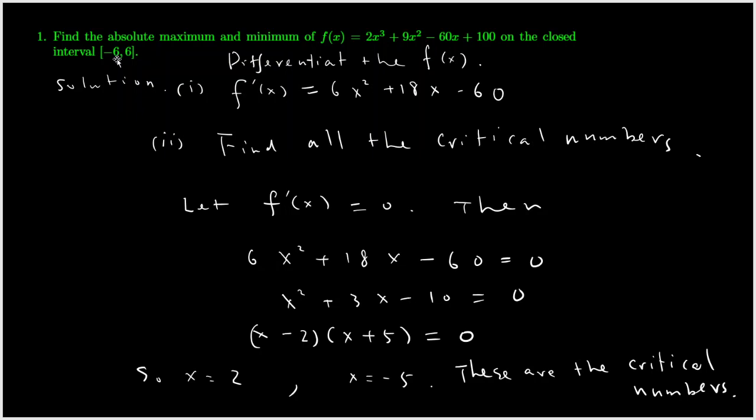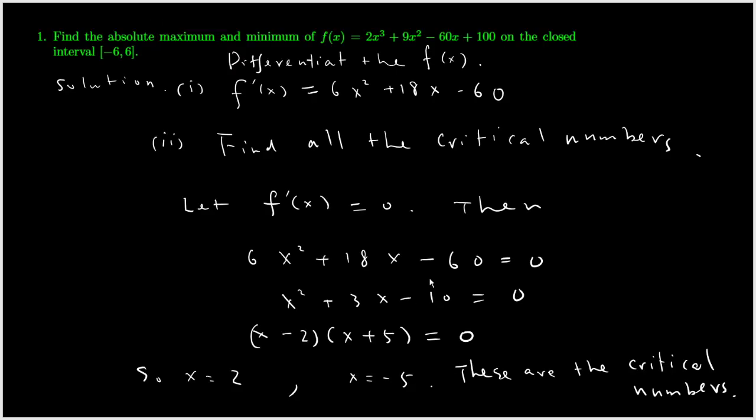Now all we need is to evaluate the function at 4 numbers. The largest is the absolute maximum, the smallest is the absolute minimum. In step 3, if the function is defined on some closed interval, we proceed by evaluating the function at the critical numbers, 2 and -5, and the endpoints.